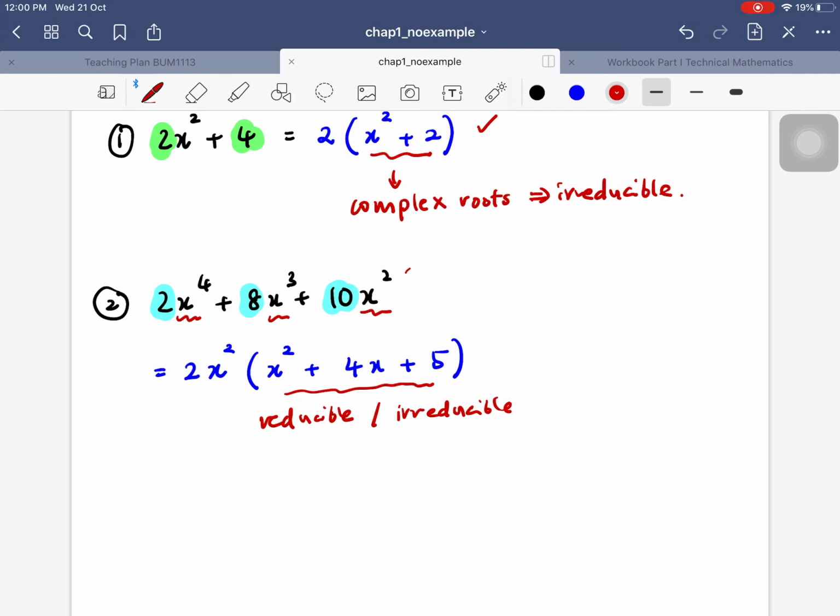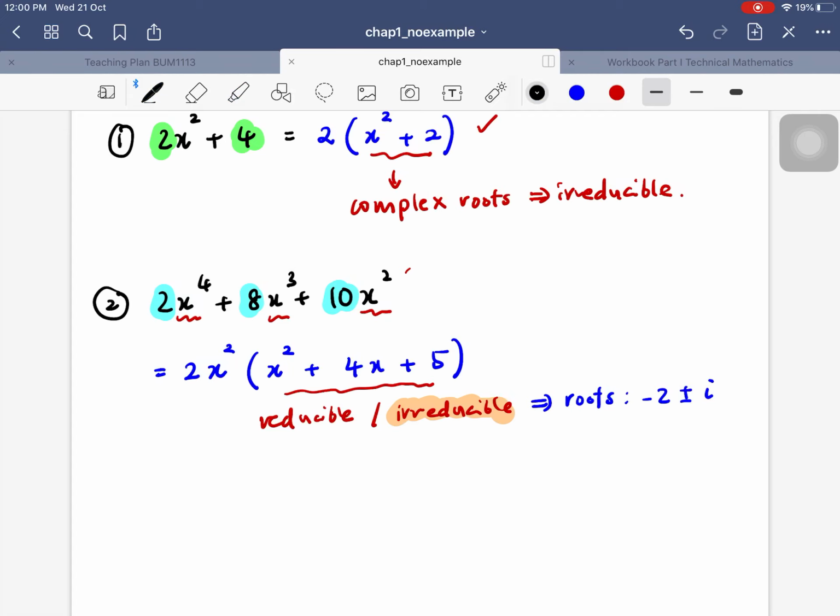Yeah, the roots are going to be negative 2 plus minus i. The first one is negative 2 plus i, the other one is negative 2 minus i. Okay, so therefore it is the second case, which is irreducible. So we just leave it like this because we know that we cannot factor x squared plus 4x plus 5.